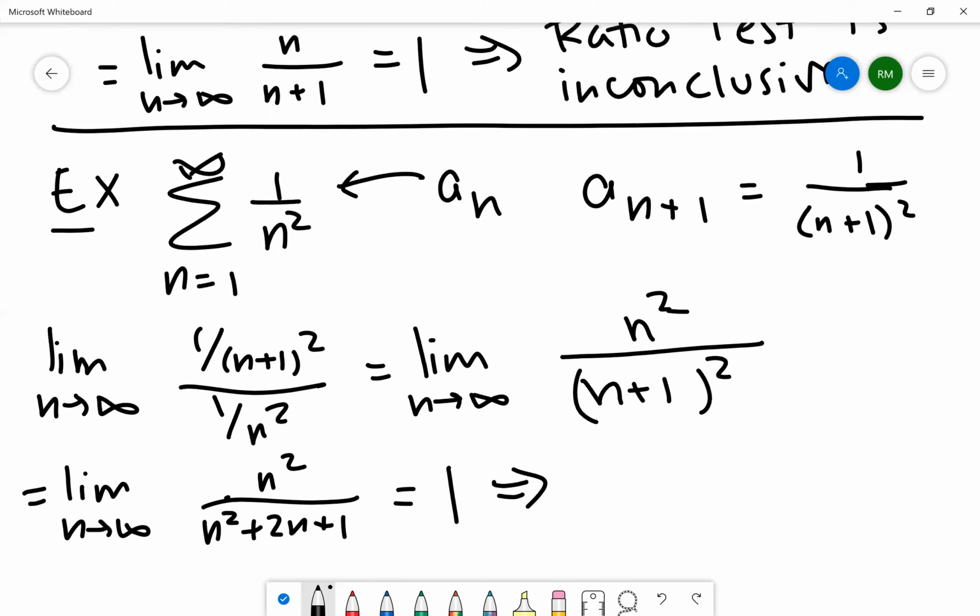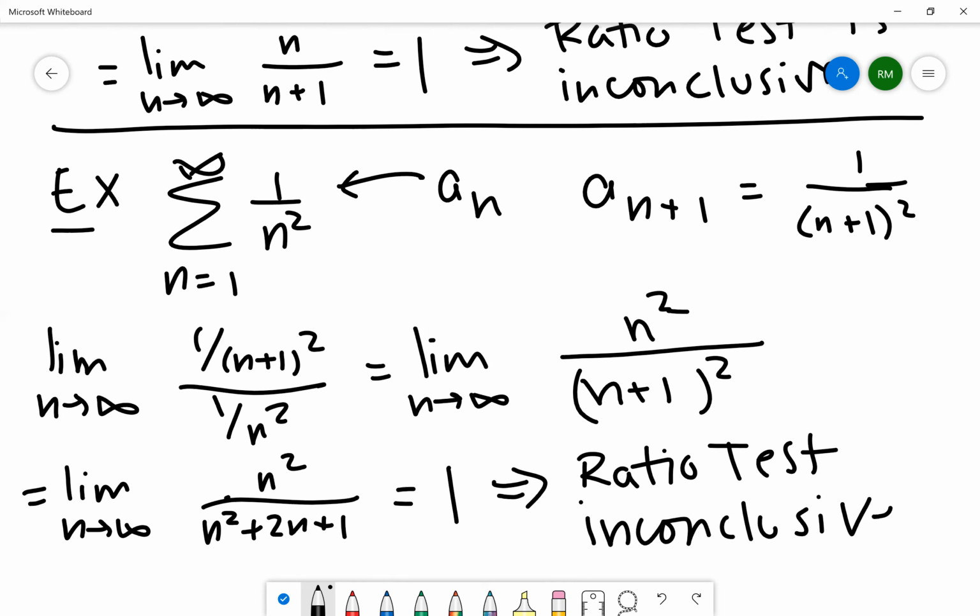So the limit is the ratio of leading terms. And therefore, the ratio test is inconclusive here. We know this series actually converges because it's a p-series with p equals 2, but the ratio test isn't strong enough to tell us that.